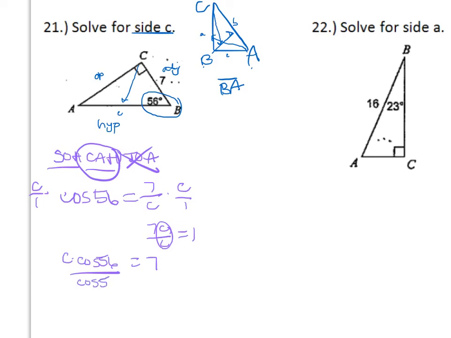Now I need to divide out a cosine 56 from both sides. That is a single ugly number. And so c would equal 7 divided by cosine 56. 12.51. I didn't tell you what to round to. Let me make sure my calculator is in degree mode, so I don't tell you wrong.